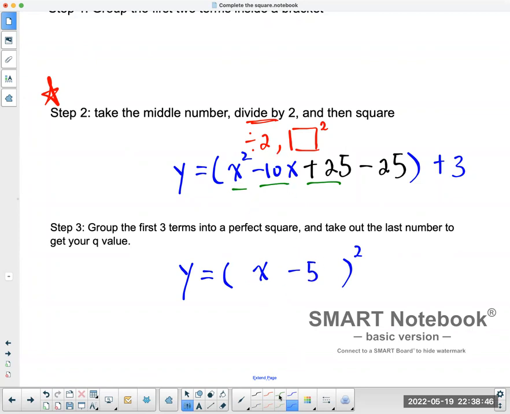So the first three terms turn into a perfect square. Then you take the last number, the minus 25, out of the bracket, and that forms the new q value along with the plus 3 on the outside. So you have minus 25 plus 3, which gives minus 22. And there you go. You get your vertex form.